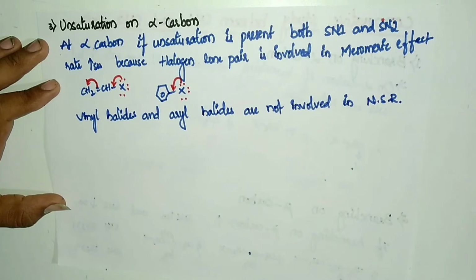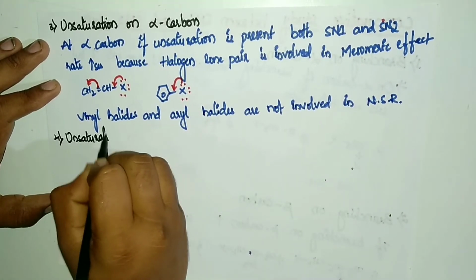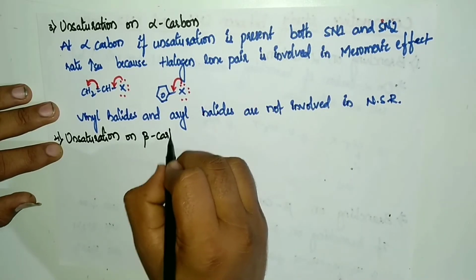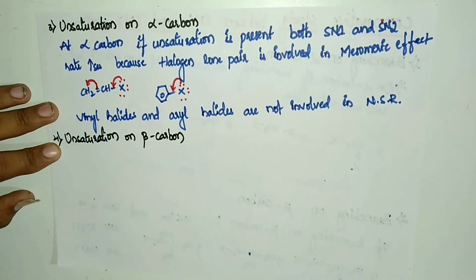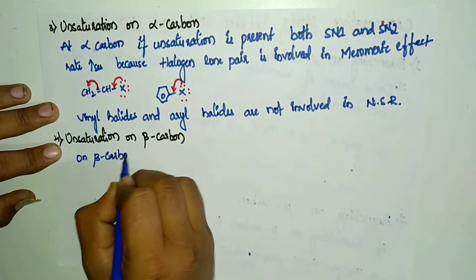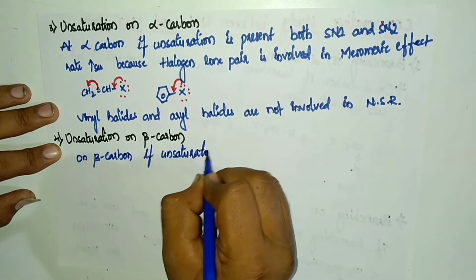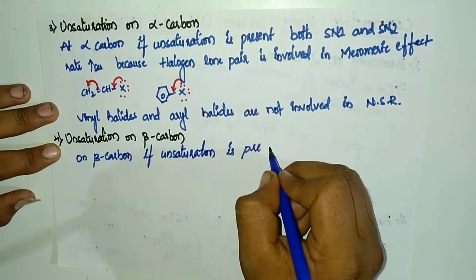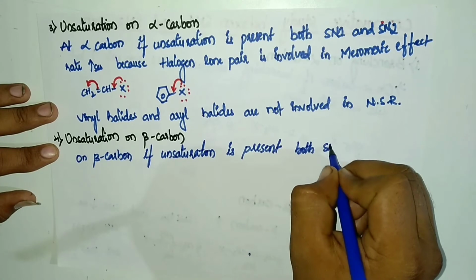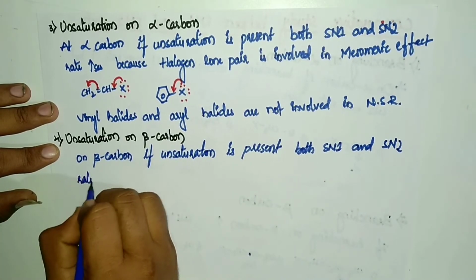And the next comparison is unsaturation on beta carbon. So what happens if unsaturation is present on beta carbon? On beta carbon, if unsaturation is present, both SN1 and SN2 rates increase. Why do both SN1 and SN2 rates increase if unsaturation is present on beta carbon?